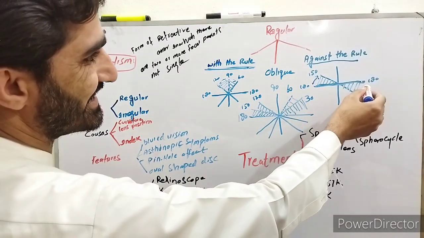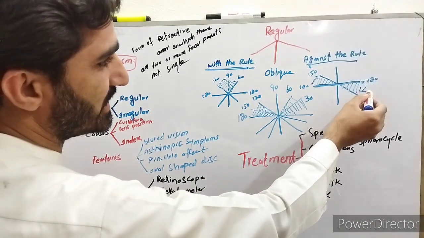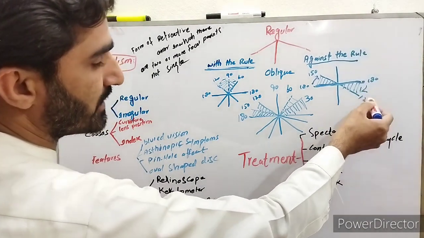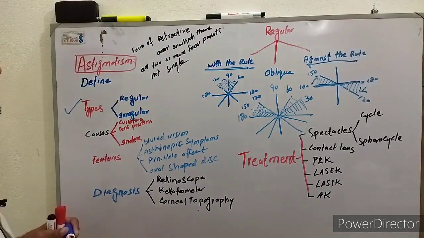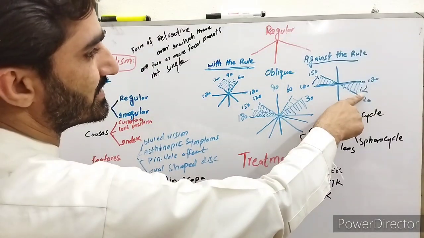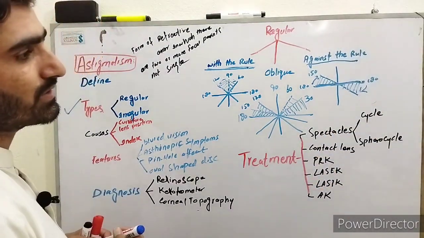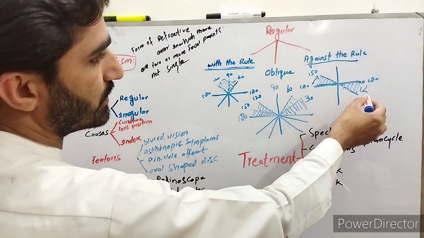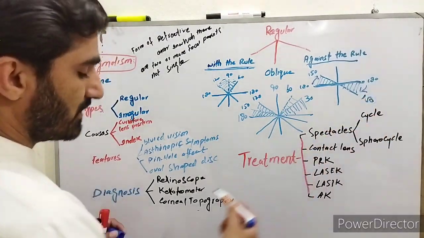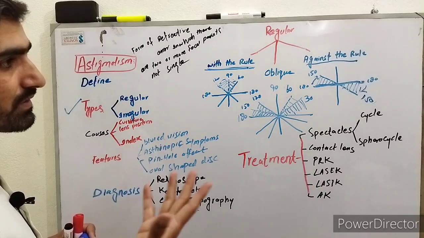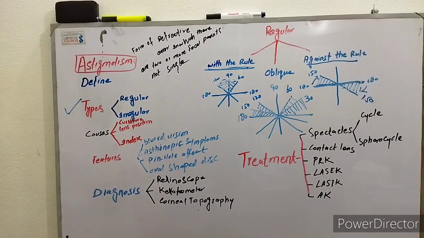Here you can say from 180 to 210, sorry, also 150. It curves up to 30 degrees. We can say if there is a problem in the horizontal meridian, this is against the rule astigmatism.